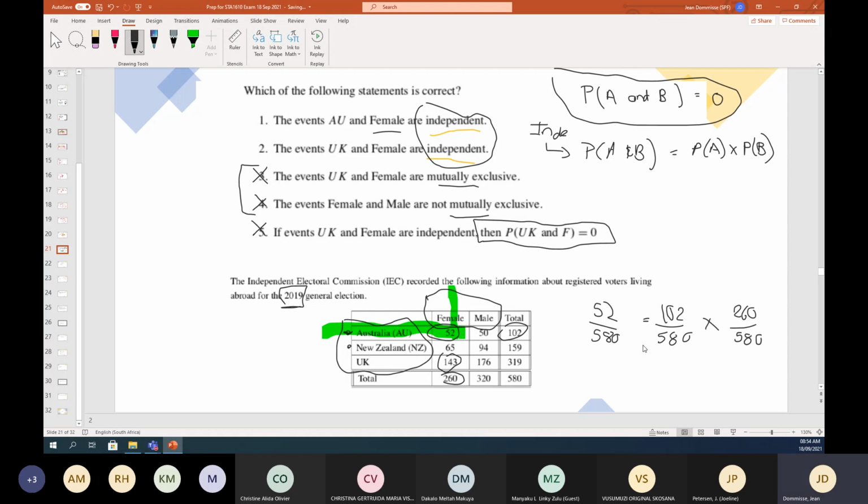Okay, so if those two are equal, then we have, will that be 102 divided by 580? $176. $448.